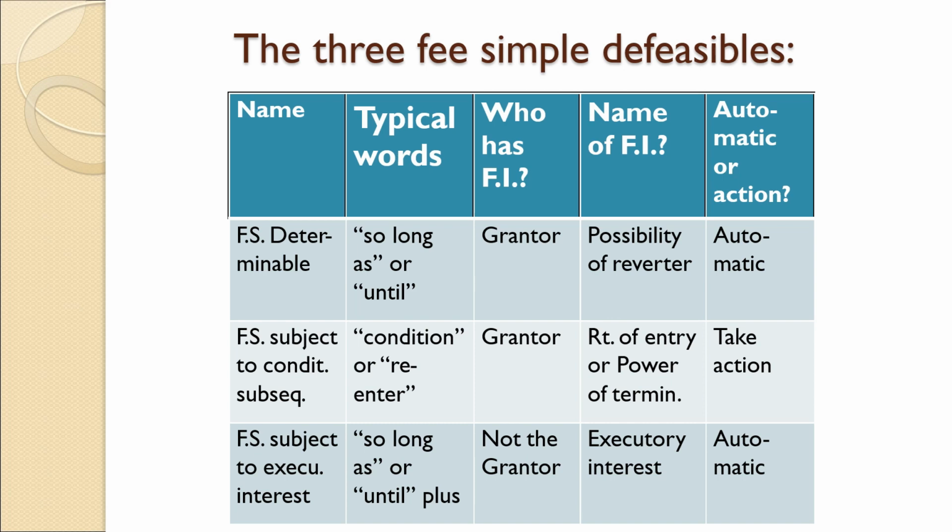Now, if you have a symmetrical mind, you might be wondering why there isn't a fourth row on the chart, some kind of defeasible fee estate, which is in someone other than the grantor, but in which the person with the future interest has to take action to get the property back.